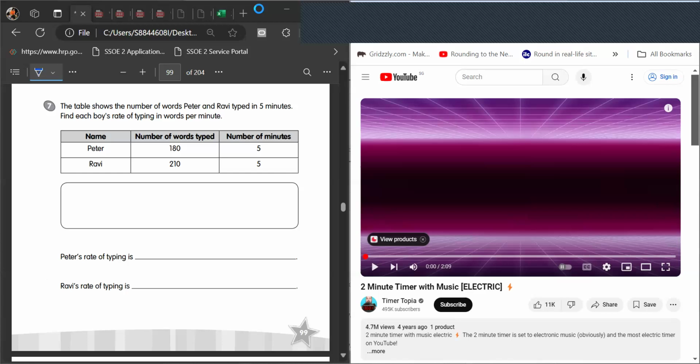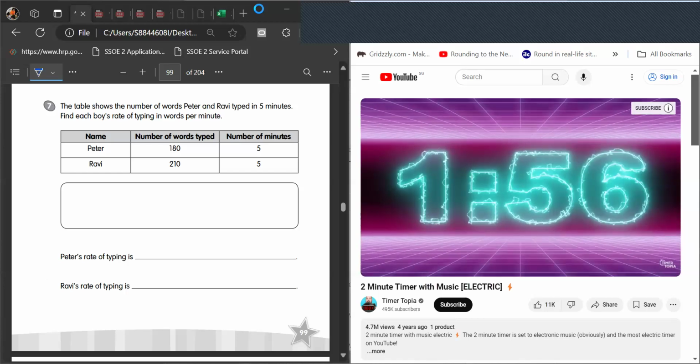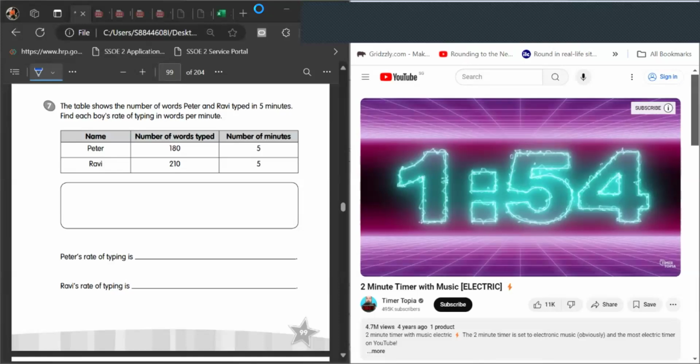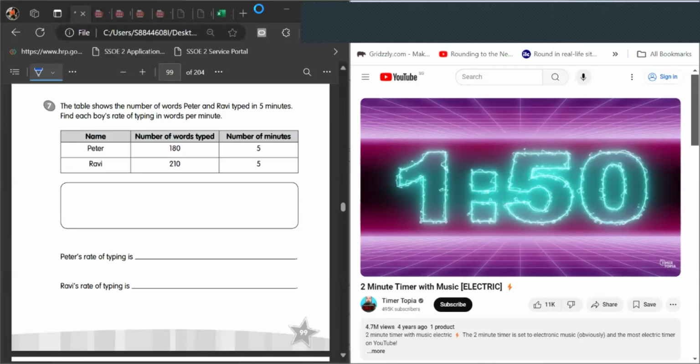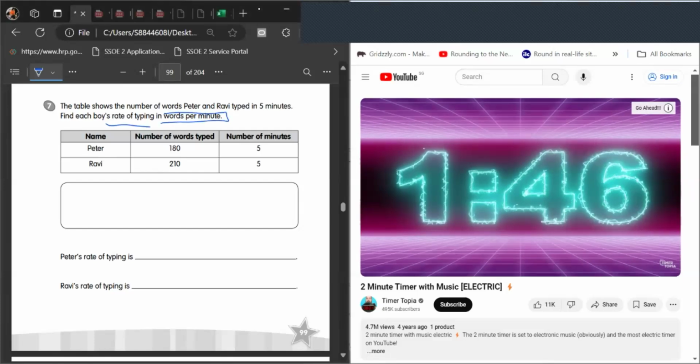On rate. Ready? Question 7, page 99. The table shows the number of words Peter and Ravi typed in 5 minutes. Find each person's rate of typing in words per minute.